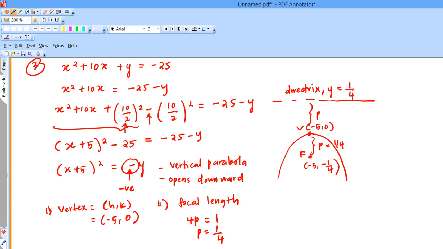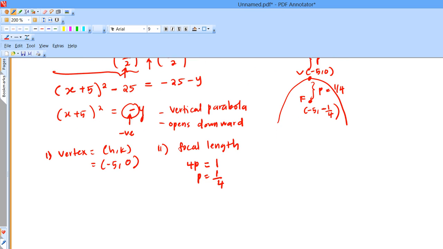So here the focus is (-5, -1/4), and the directrix is y equal to 1/4.